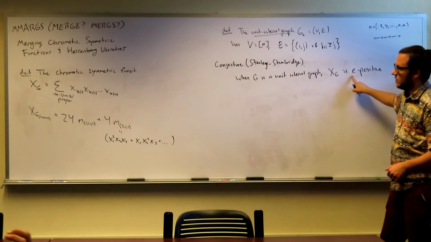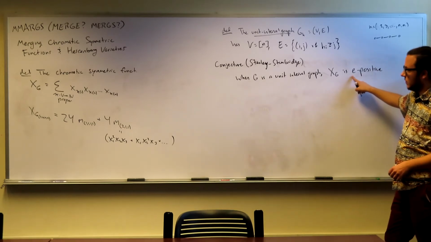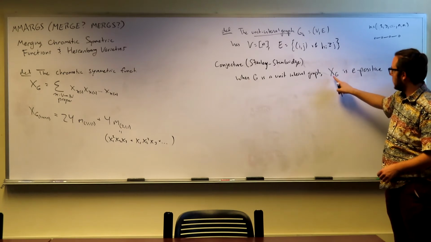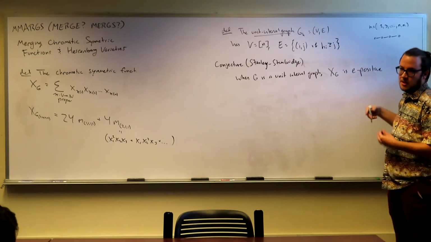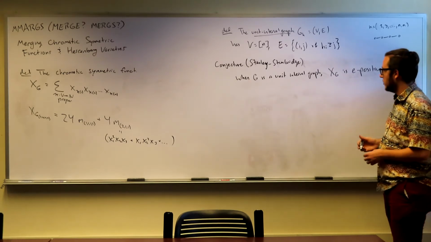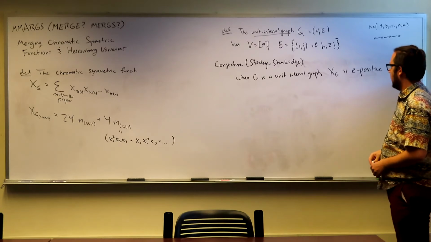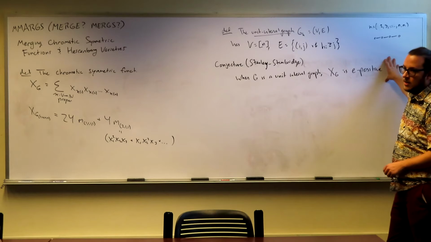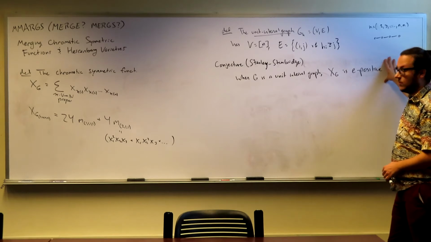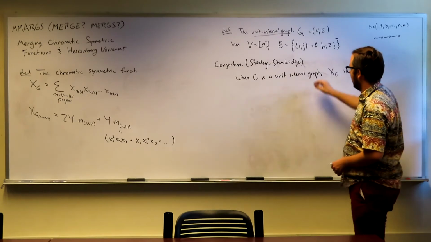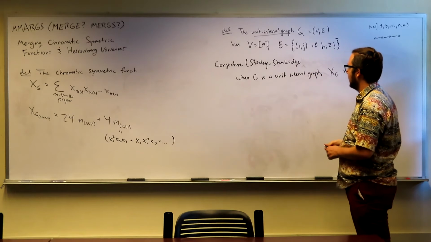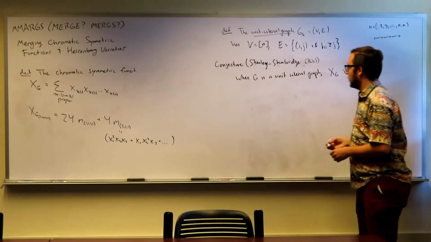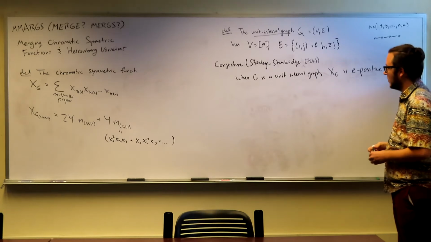So E, the elementary symmetric functions, are another basis of the ring of symmetric functions. And saying that a symmetric function is E positive means that when you expand this function using this basis, you have positive coefficients in the basis expansion. We're not going to go into what E is, but this is a big outstanding conjecture in the realm of chromatic symmetric functions, and people really want to solve it. I don't think I wrote down the date. It's from the 70s, I want to say. So it's been open for a while.